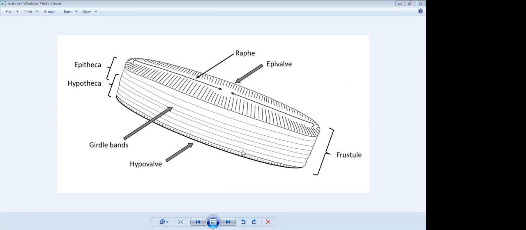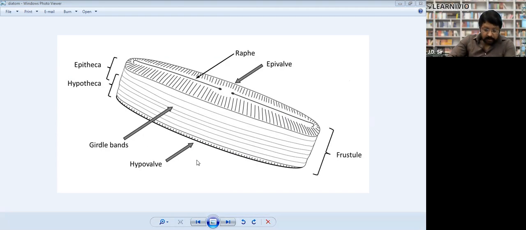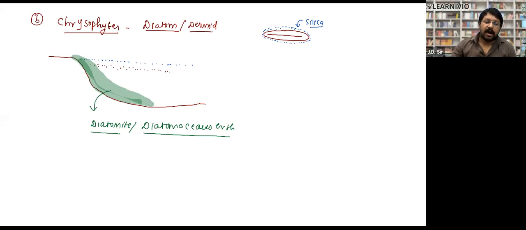Okay. So please note it down. Chrysophytes. They all are aquatic, and some of them are found in moist terrestrial habitat.